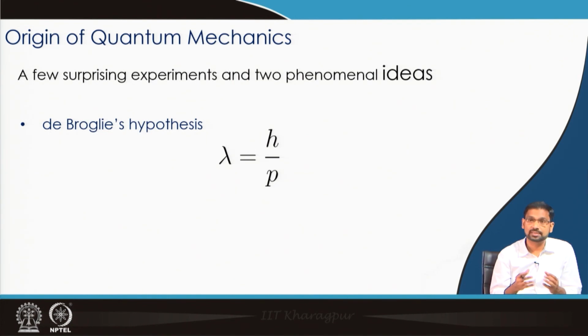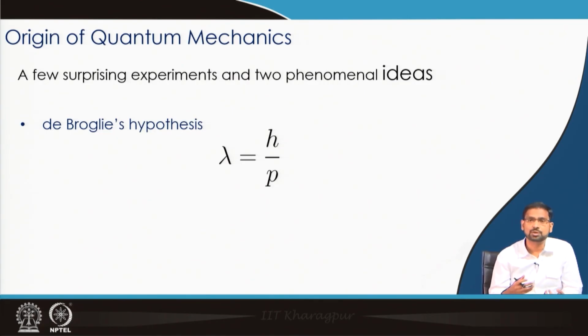But now the wave-particle duality gets a complete shape. Einstein's proposition was that light has both wave-like and particle-like nature. Now de Broglie's hypothesis is that any particle that we see also has a wave-like nature. Now wave-particle duality is complete. Of course, when you look at the classical world, when the mass is very large, the momentum is very large.